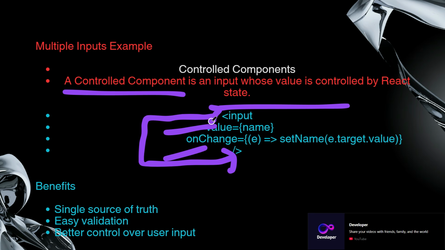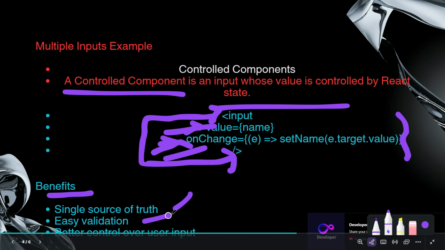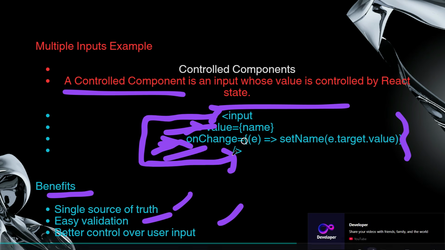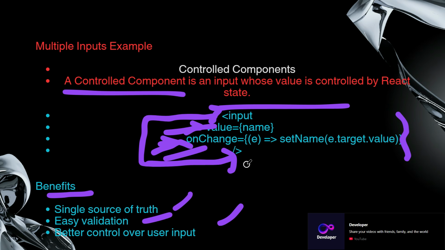This is the logic to easily identify one. What is the benefit? A single source of truth, easy validations, and better control over user input. With an uncontrolled component, validation is very tough.